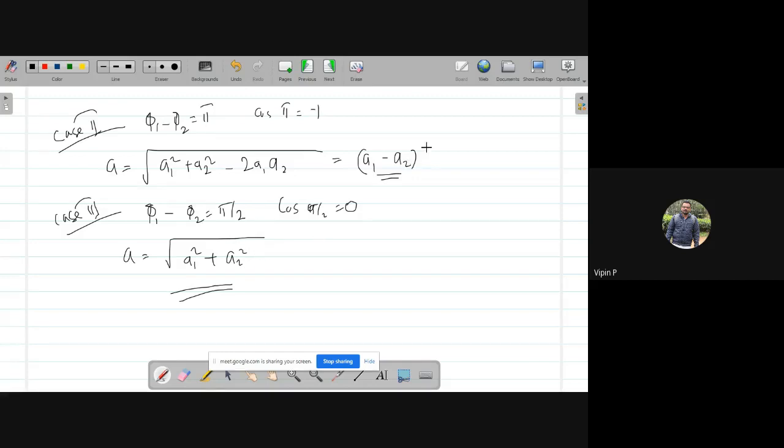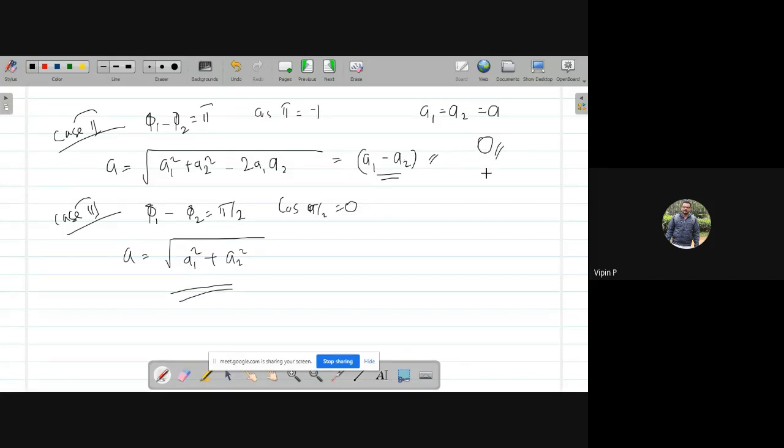Now look at this expression over here, which tells you that if we combine two oscillations with a phase difference of pi between them, and let's say their amplitudes are the same, then you directly see from here that the resultant amplitude is 0.